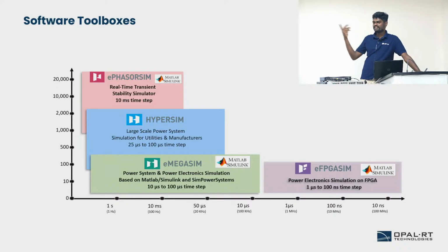And we have ePhaser sim, again for power system simulations, but ePhaser sim will help you to import third-party power system models like PSSE, Power Factory and so on. And we also have HyperSim. All the other toolboxes need MATLAB Simulink, but HyperSim is a standalone simulation software made by Opal to do power system simulations again.